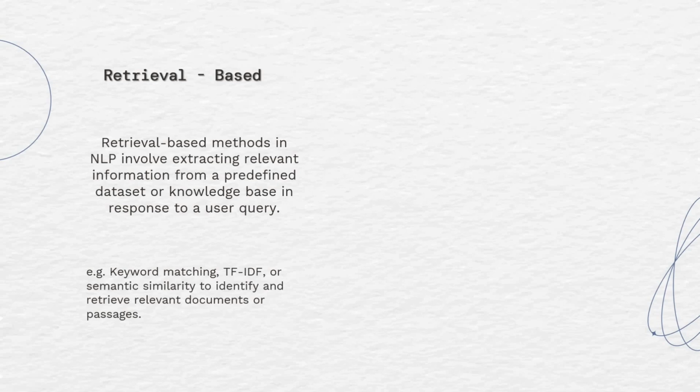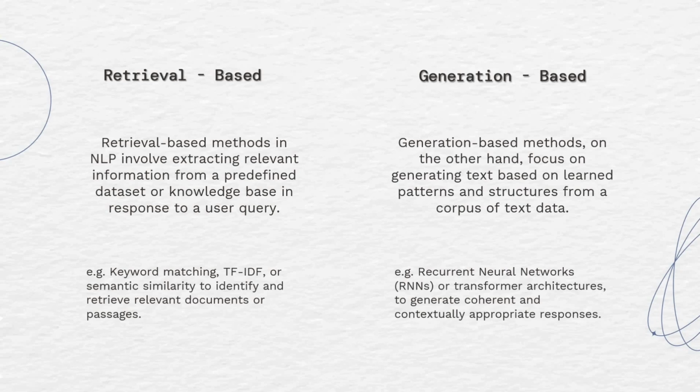So now we will discuss the second category of traditional NLP methods, which are generation based methods. And these methods, on the other hand, involve generating text based on learned patterns and structures from a corpus of text data. And the NLP tools and techniques that form this category are recurrent neural networks, or RNNs in short.